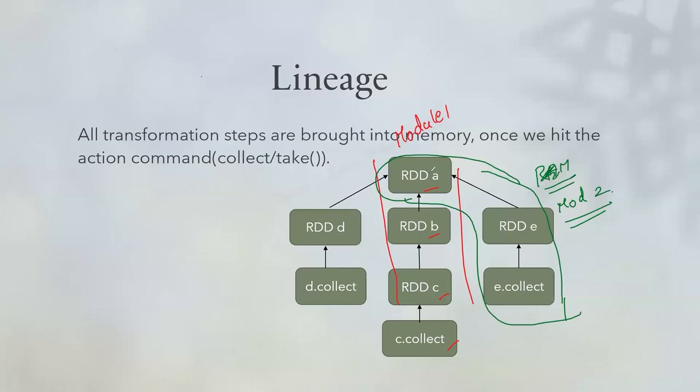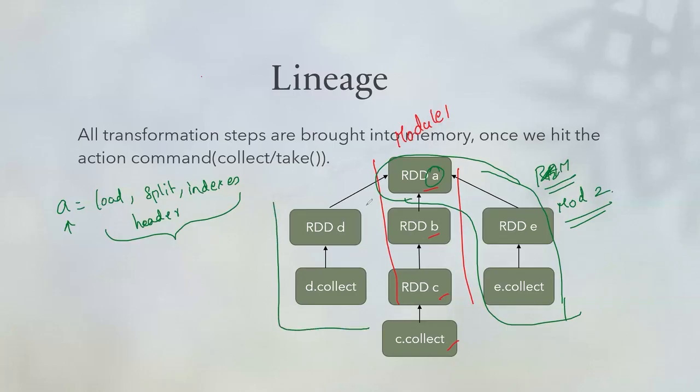But if we go to the top of it, the very first RDD we need is again RDD A, so I need to recalculate RDD A. Suppose what is inside A is simply loading the file, splitting it, extracting the index positions needed, and handling the header if there is one. So RDD A is a ready-to-consume dataset. Now that A is going to be accessed for module 2 also and for module 3 also.